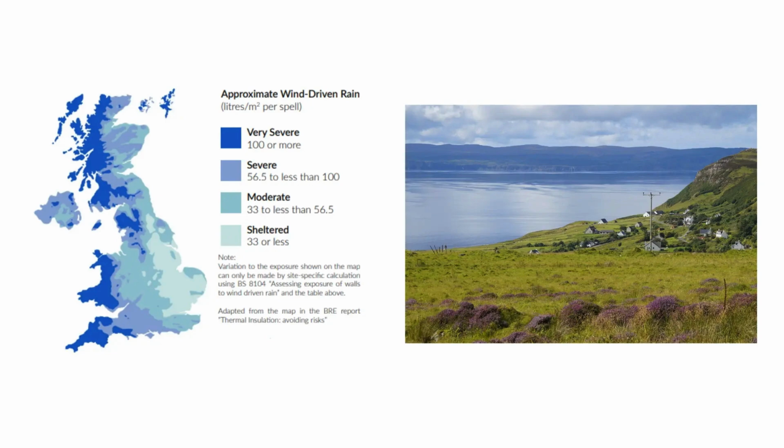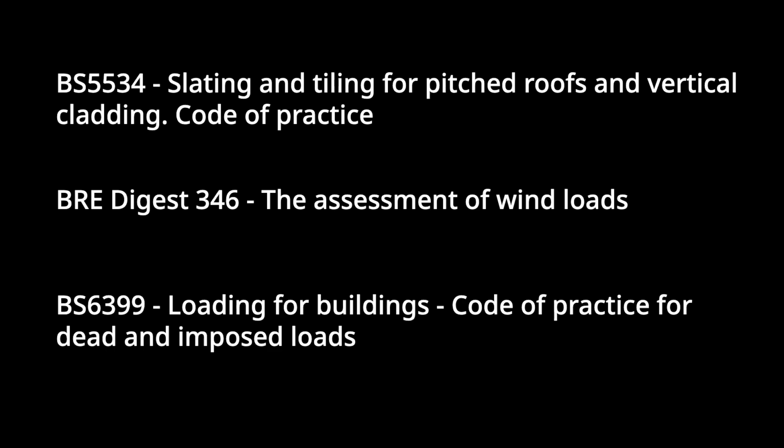The roof must be designed with adequate resistance to wind uplift. There are numerous guides and recommendations for that. You'd want to look at BS 5534, the BRE Digest 346 and BS 6399, which can all help with design calculations for wind uplift and wind load.